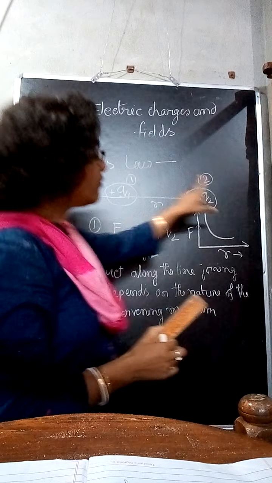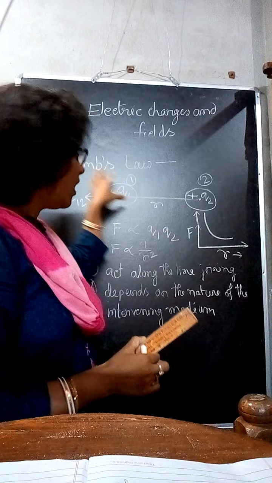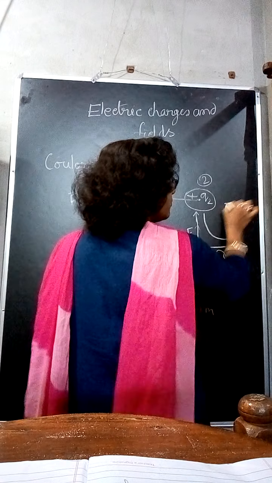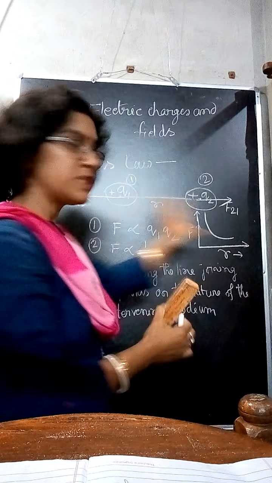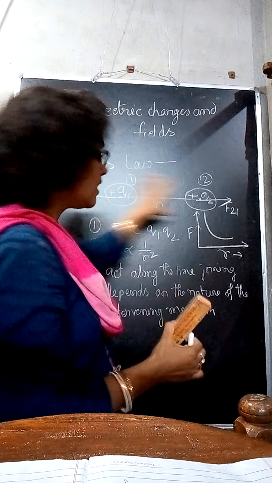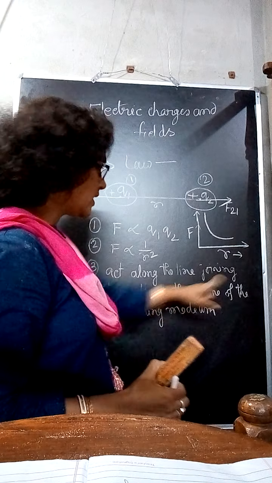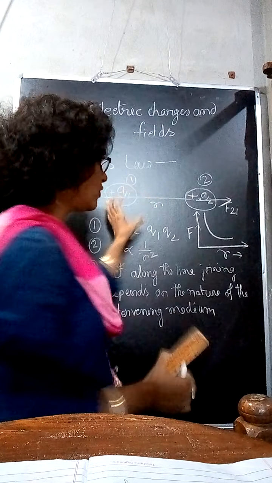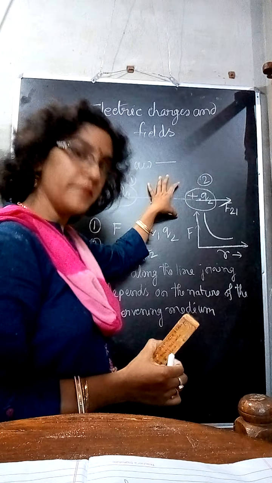Again, the force on charged body 2 due to charged body 1 is F21, it is directed along that side. So the forces are directed along the line joining. 4 number point is depends on the nature of the intervening medium. That is, the value of the electrostatic force depends on the intervening medium.